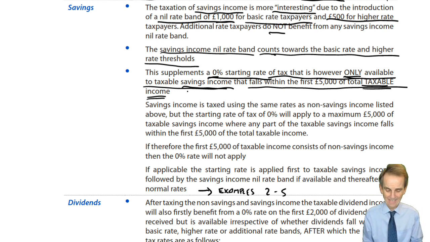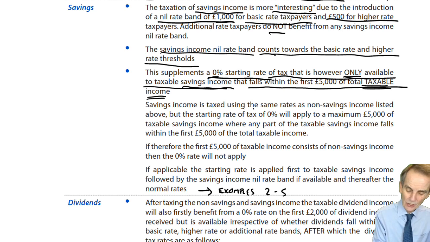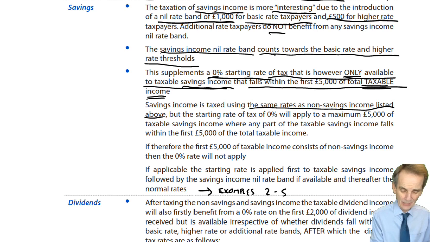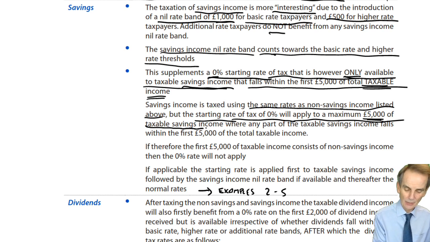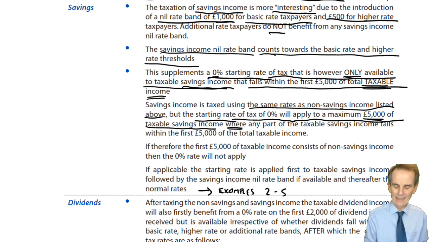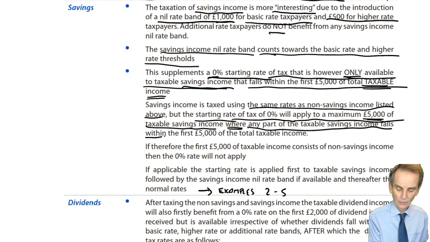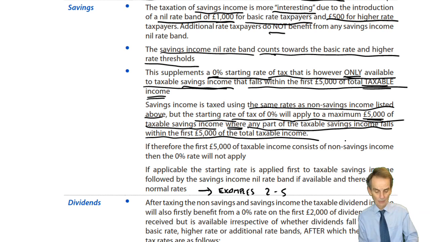Savings income is taxed using the same rates as non-savings income listed above, but to come back to this, the starting rate of tax of 0% will apply to a maximum £5,000 of your taxable savings income, where, and this is the critical issue that often students have a problem with, it's only applicable where any part of the taxable savings income falls within the first £5,000 of total taxable income.